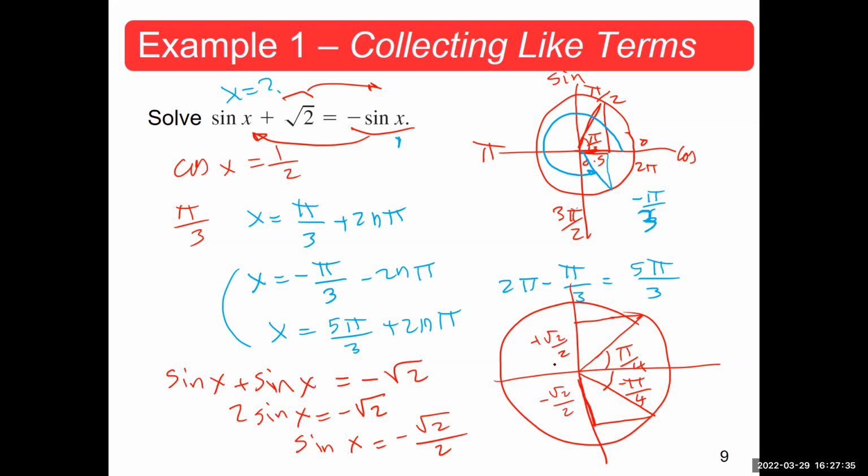So how do I find the same sign? How about reflection about y this way? So reflection about x did not work, but reflection this way will give me the angle. Now I need to know what this angle is.